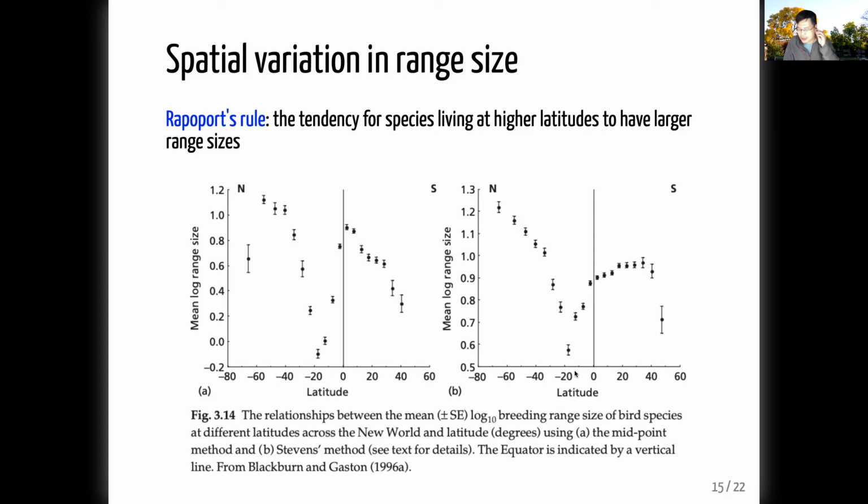Therefore, this can result in this V-shape, and this particular pattern can also contribute to the longitudinal gradient of species richness. Because the species in the tropical area have a smaller range size and a narrow niche, potentially we can pack more species in the tropical area.